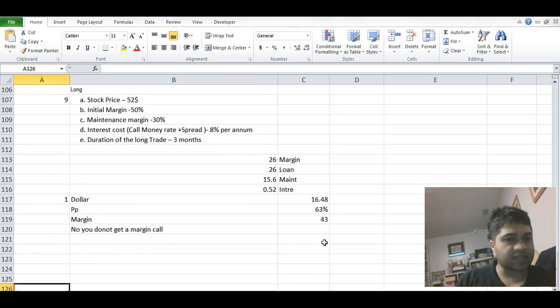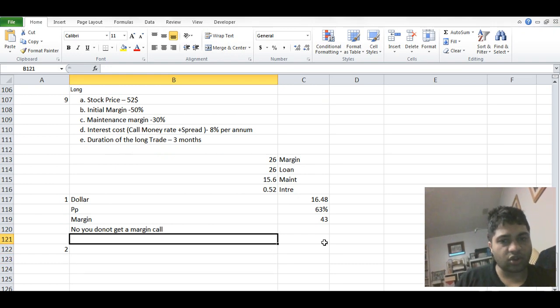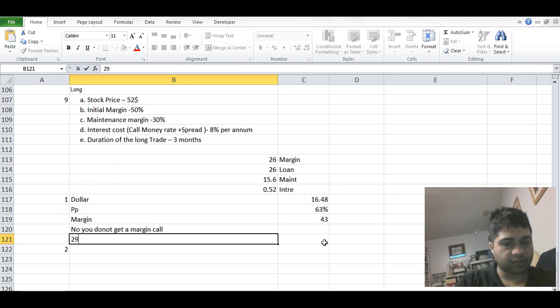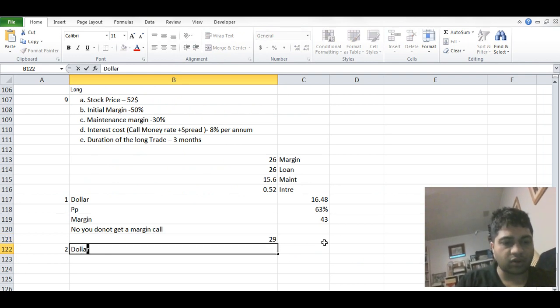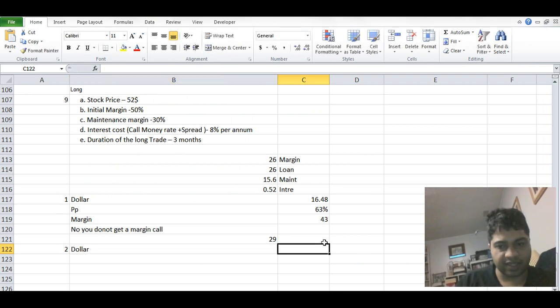Okay, this was case 1. Case 2, they are saying the stock goes to $29. Okay, what happens? So dollar profit or loss? So a dollar loss would be there.